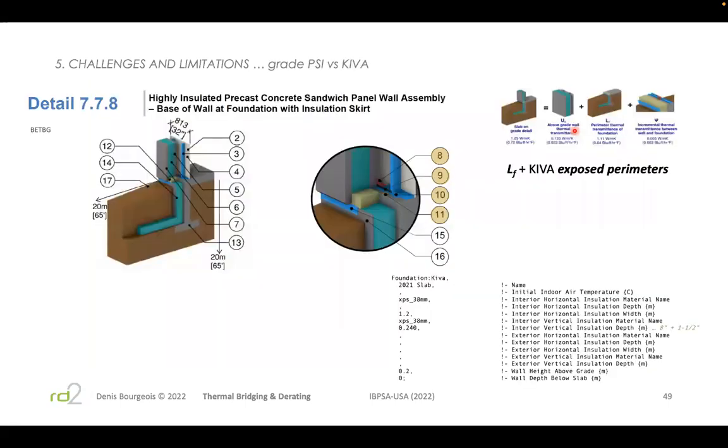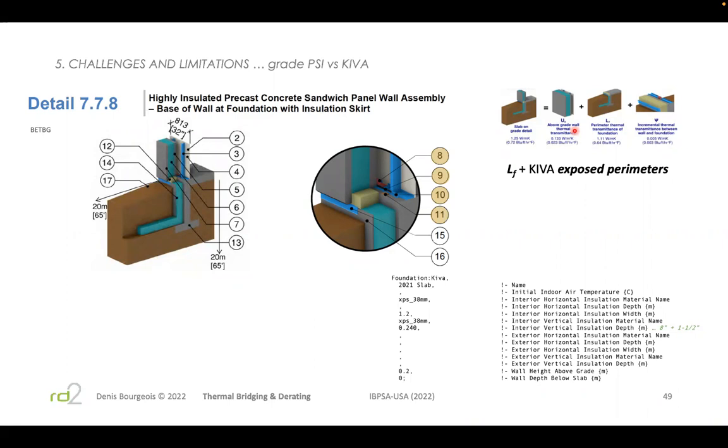There was a nice presentation yesterday from DesignBuilder on Kiva. TBD does the same. It generates automatically Kiva inputs and does a number of interesting steps, like estimating for you the exposed perimeter once you have walkout basements or sloped terrain, which is pretty heavily sloped, and you would have a full basement on one side of the building and a complete exposed area on the other side of the foundation.